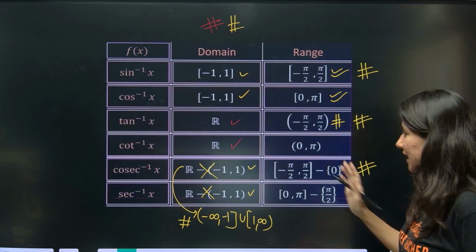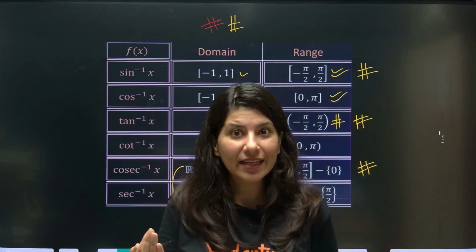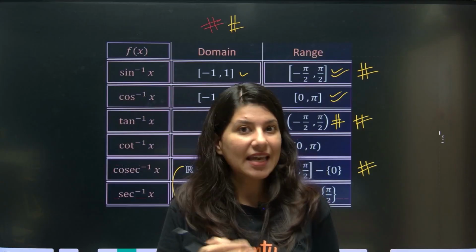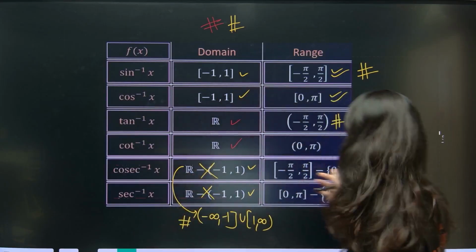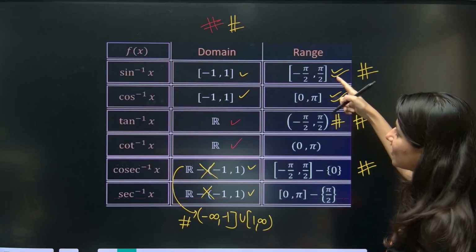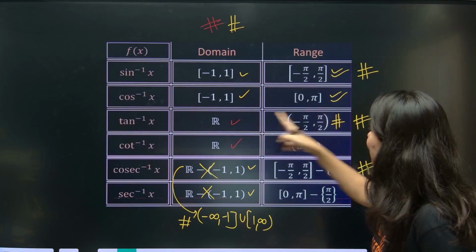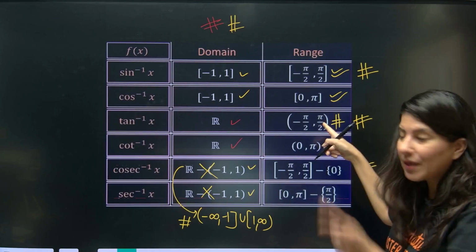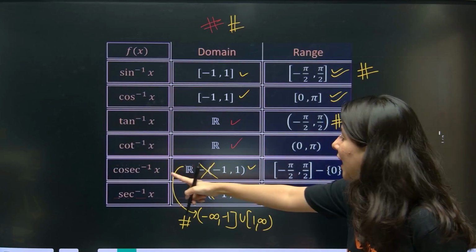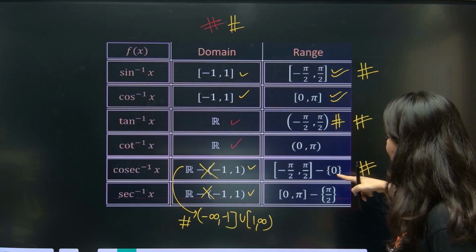Because for cosec inverse x, think of it as cosec x, 1 upon sin x, which cannot be 0, so x cannot be 0, that is why 0 is removed from here. Otherwise, you will see sin inverse is minus pi by 2 to pi by 2 closed, tan inverse is minus pi by 2 to pi by 2 open, I told you the reason for opening, and cosec inverse is minus pi by 2 to pi by 2 closed, same as sin inverse except 0.